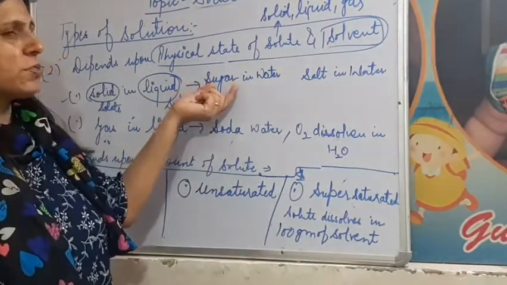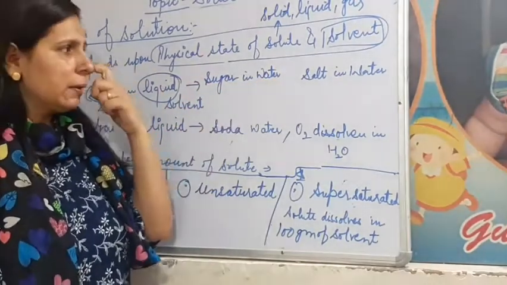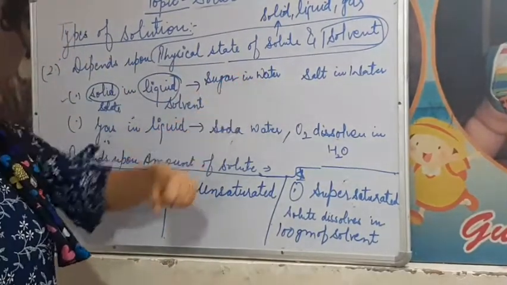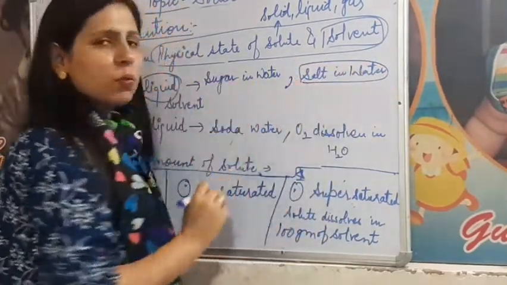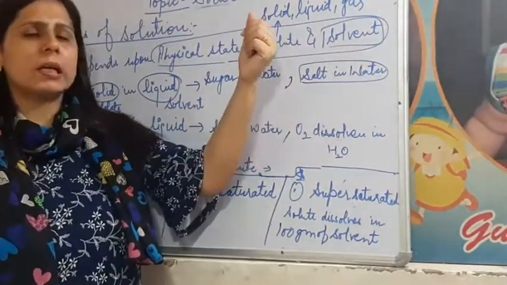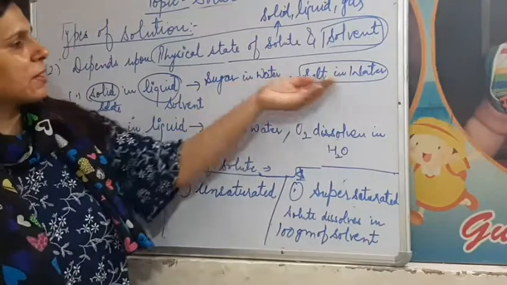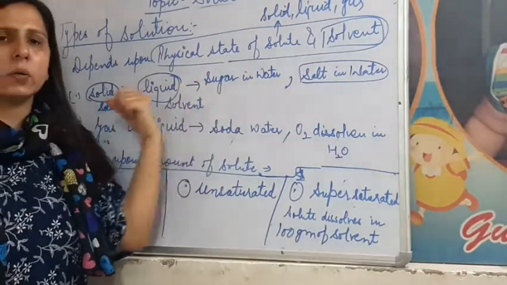Here sugar, which is solid, acts as a solute, and water, which is liquid, acts as a solvent. The second example, salt in water. Salt is in solid state and water is in liquid state. So these two are examples of the solid in liquid category.